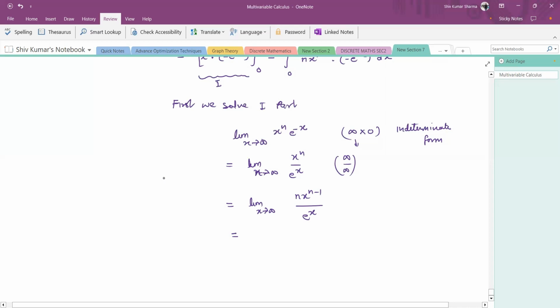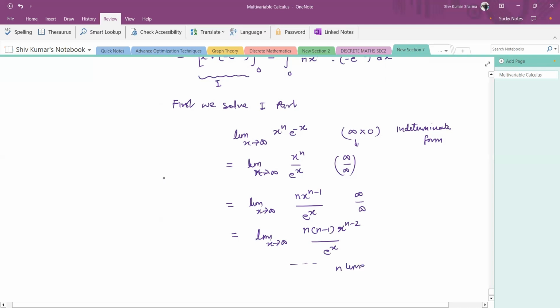Again, this gives us infinity, so we again follow the rule. That can be written as x raised to the power n minus 2 upon e raised to the power x. So when we differentiate again and again up to n times, we apply L'Hospital again and again up to n times.